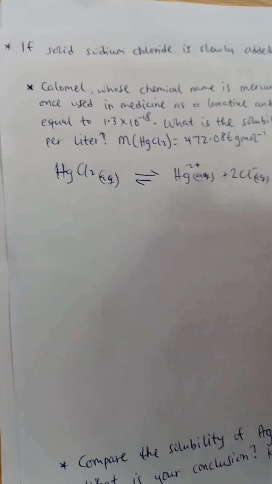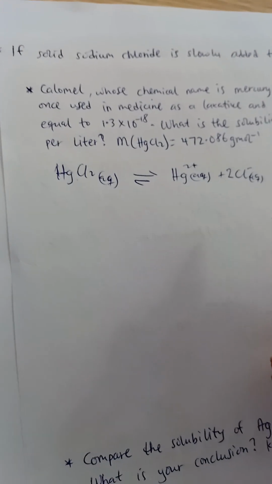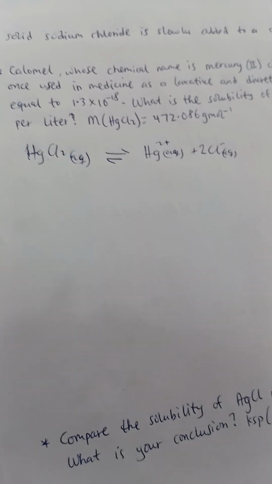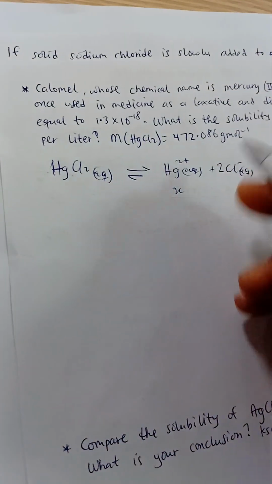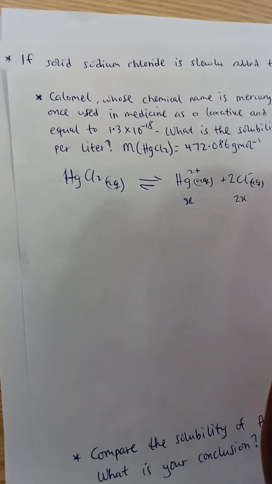So we multiply here by 2. So once you get the solubility, if the solubility is x, 1 to 1, so x, 1 to 2, 2x.